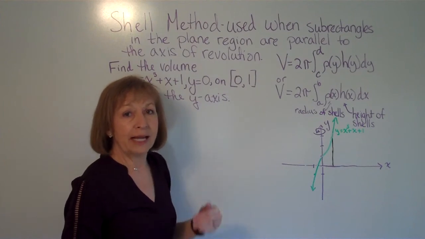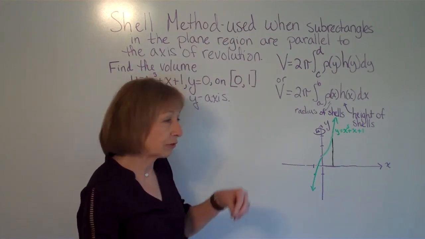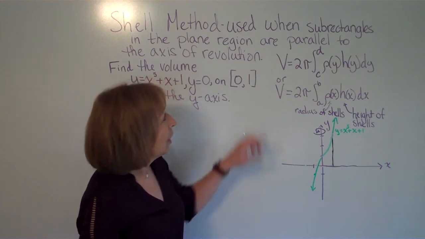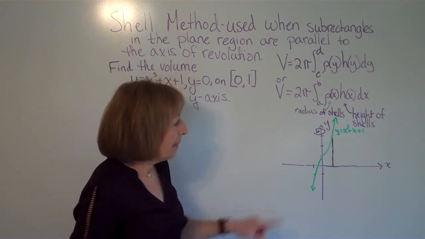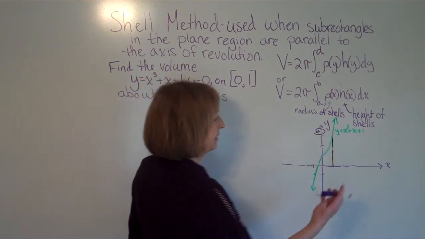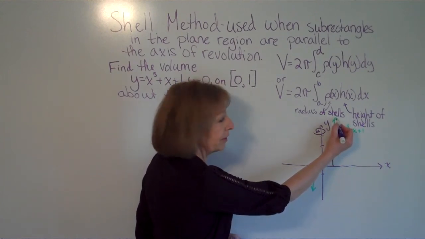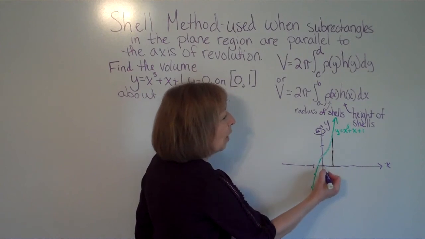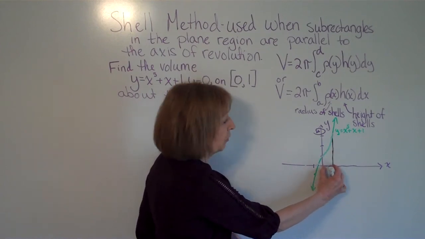Now in doing that, we actually get a different figure for each of the little representation slices, and it will give us a different type of volume. So imagine I have this region that is bounded by the curve y equals x to the fifth plus x plus 1, y equals 0, which is the x-axis, over the interval from 0 to 1.